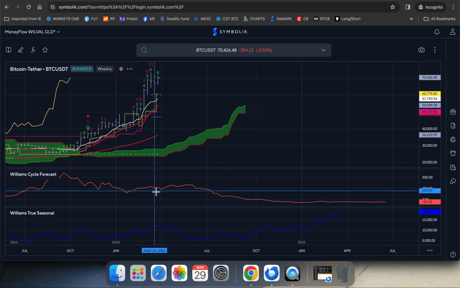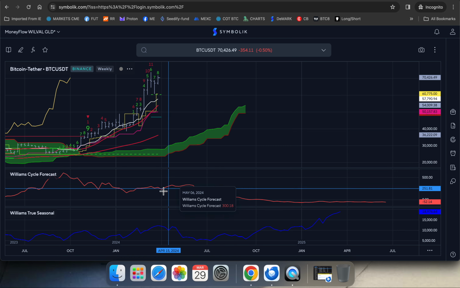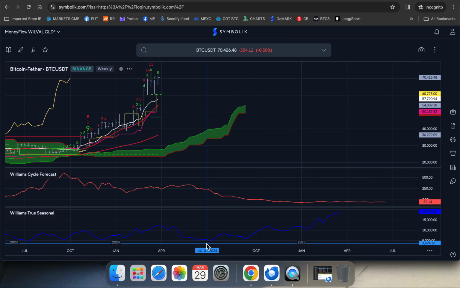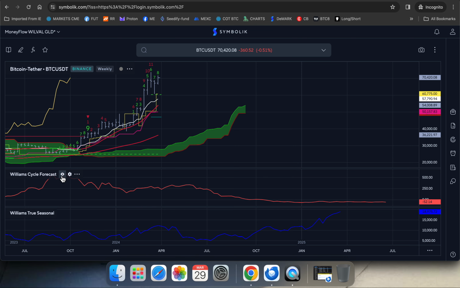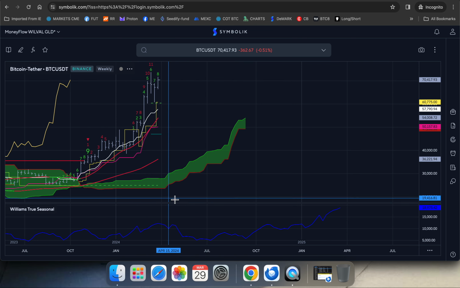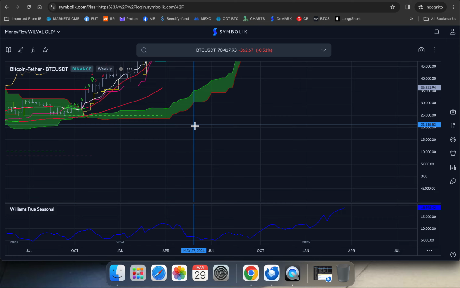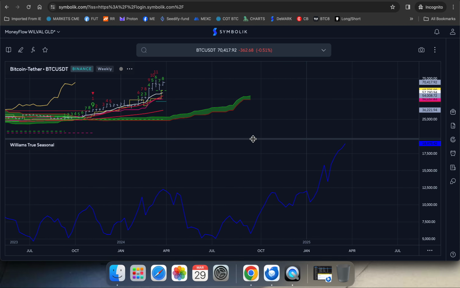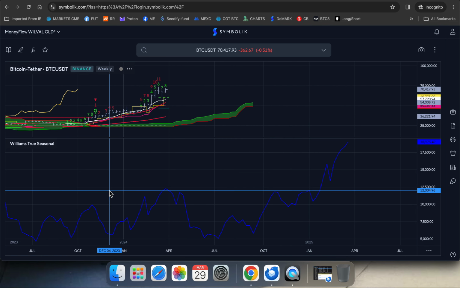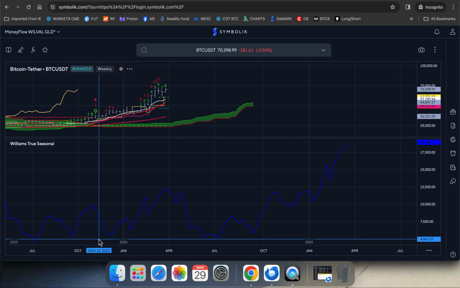These kind of argue with each other a lot. This one's showing a rally, this one's showing sell-off, so which one do you listen to? But this one doesn't work as good on a weekly time frame, so I would probably listen to the blue one. Just see which one's been working the best, I guess, on a time frame.